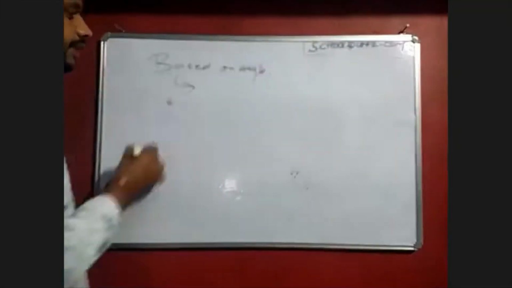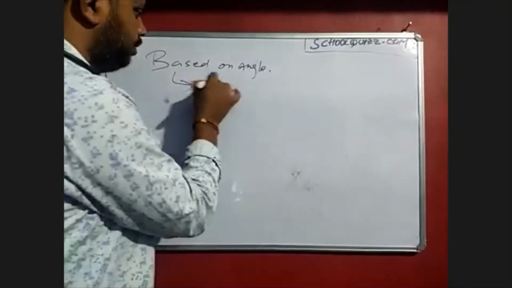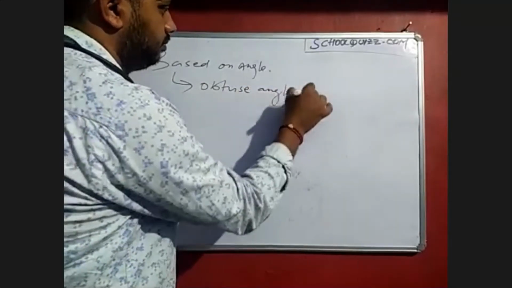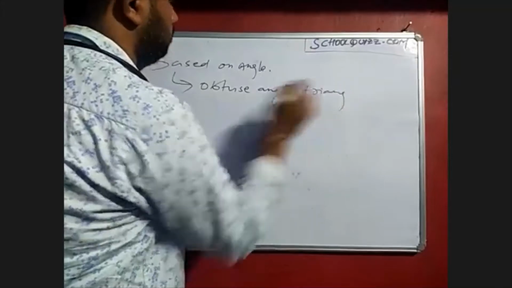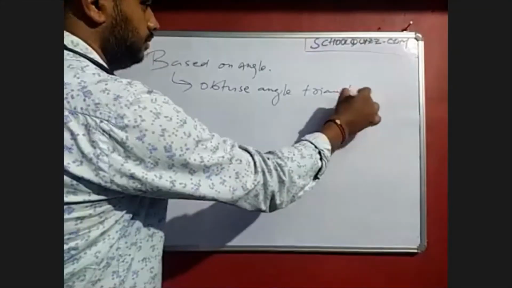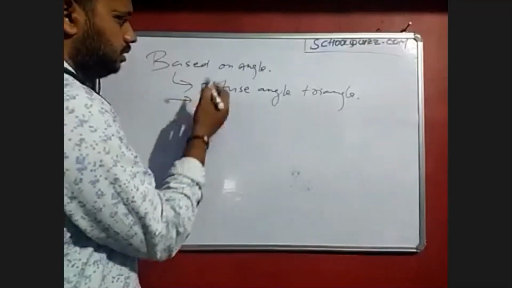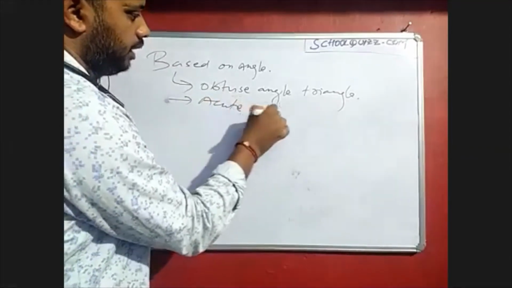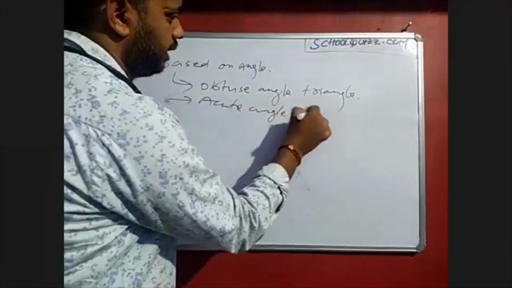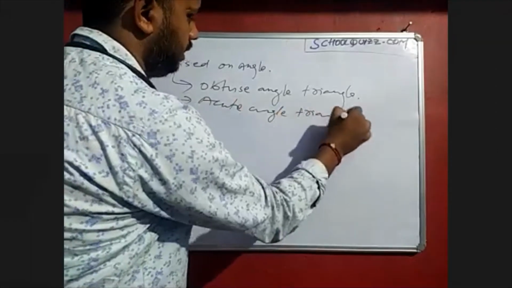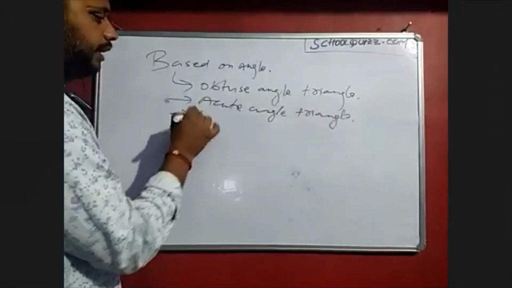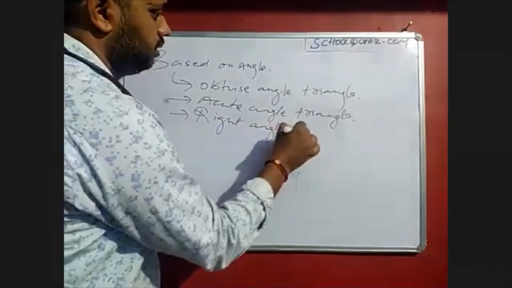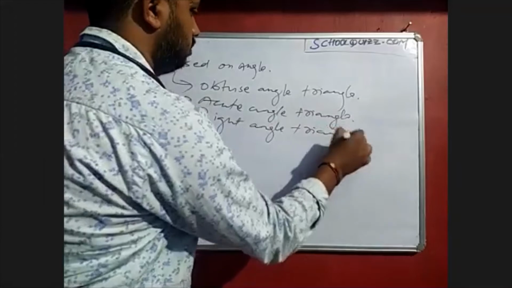Based on angles, we divided them into three types: obtuse angle triangles, acute angled triangles, and third one right angle triangles.